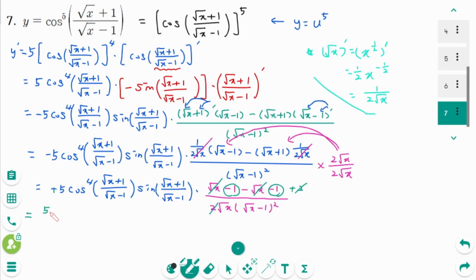So 5 over square root of x times square root of x minus 1 squared, then cosine to the power of 4 square root of x plus 1 over square root of x minus 1 times sine square root of x plus 1 over square root of x minus 1. This is the final answer.